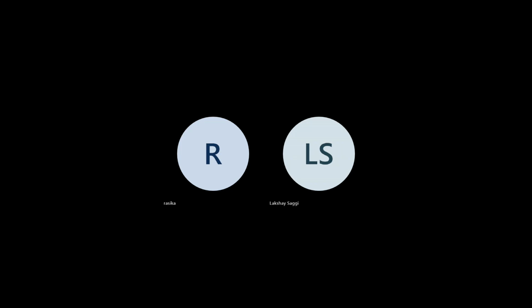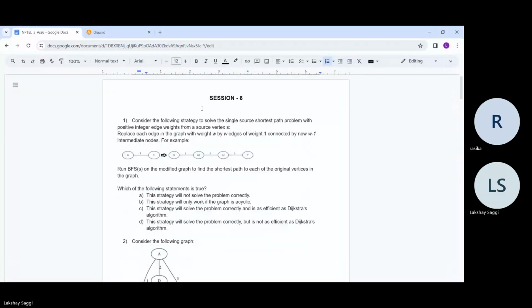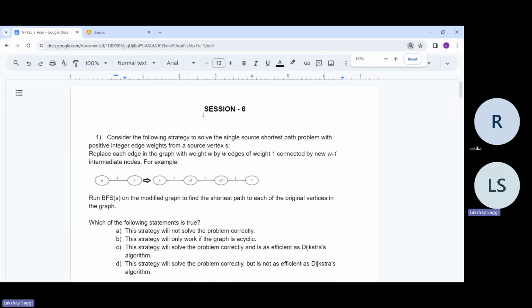Maybe I will just share my screen and we can get started with solving the problems. So let me just share my screen first. I hope my screen is visible.